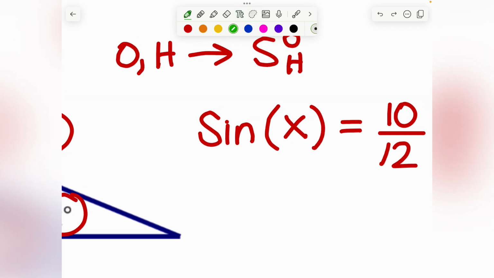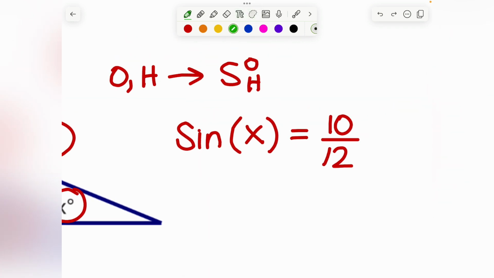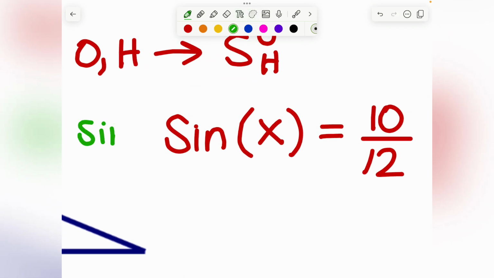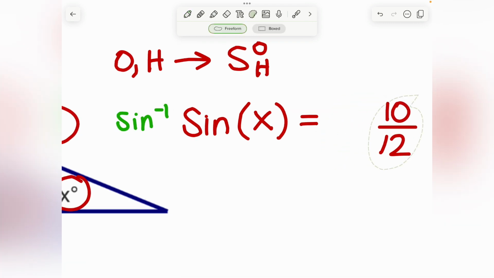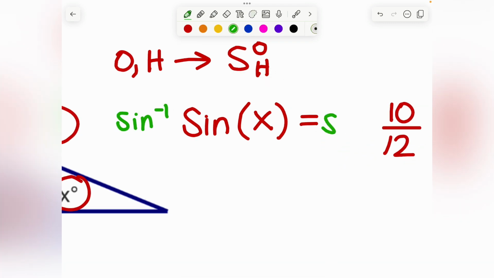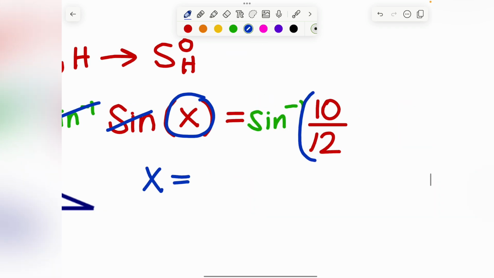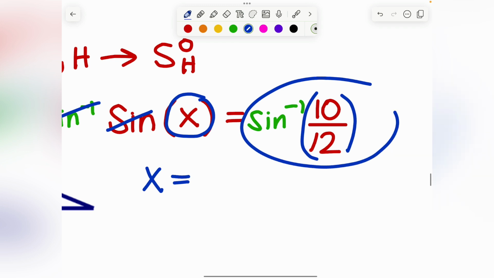The inverse of sine is literally just called inverse sine. It looks like this. And so all I'm going to do is do the inverse sine to both sides of the equation. And this cancels out the sine. It leaves just x.